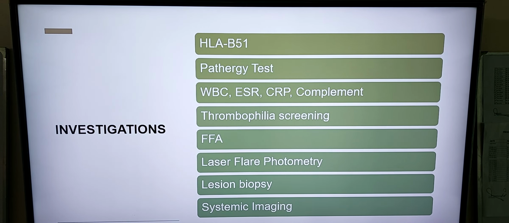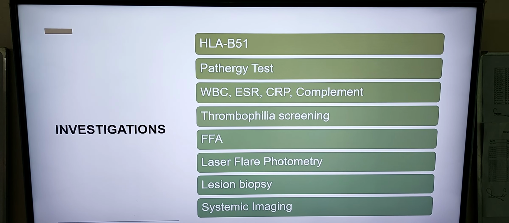Then there is laser flare photometry, which gives a very specific quantitative analysis of the anterior chamber inflammation. It is done with the help of a laser beam that is targeted into the anterior chamber, and it measures the amount of proteins that are scattered into the aqueous humor as a result of breaking down of the blood aqueous barrier.